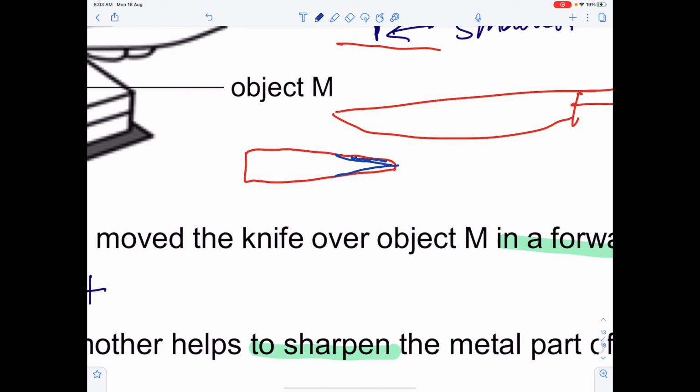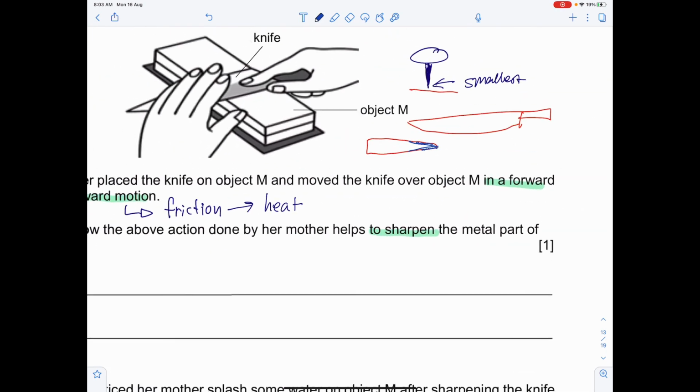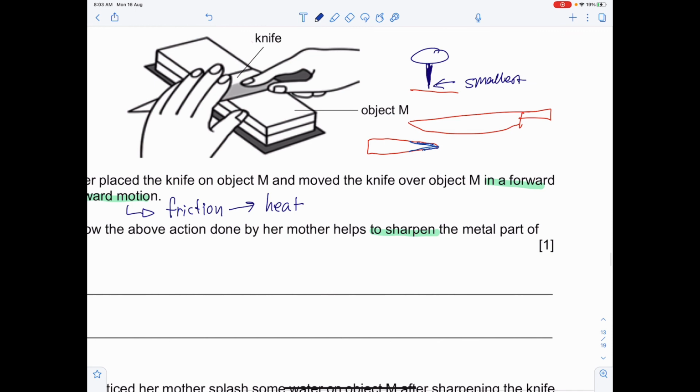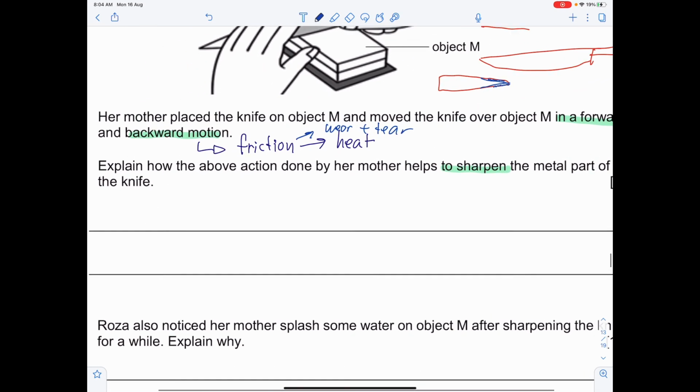I'm shading it for you, so that it becomes sharp again. If you want to erase this part off, you need to make sure that it wears and tears off. That is exactly something that your friction is able to do. So besides producing heat, your friction will also cause wear and tear. So in your answer, you have to include this point. Okay?